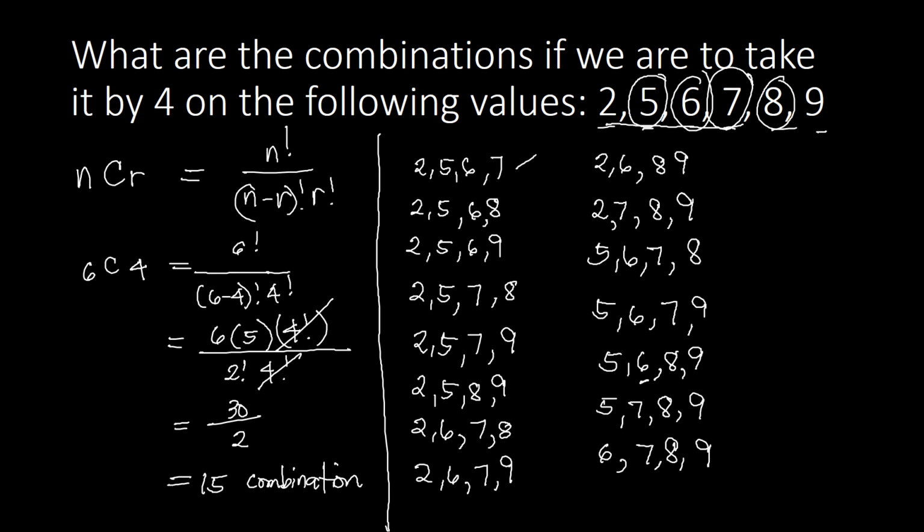We have 1, 2, 3, 4, 5, 6, 7, 8, 9, 10, 11, 12, 13, 14, and 15. So that is how we are going to get our possible combinations from the given values.